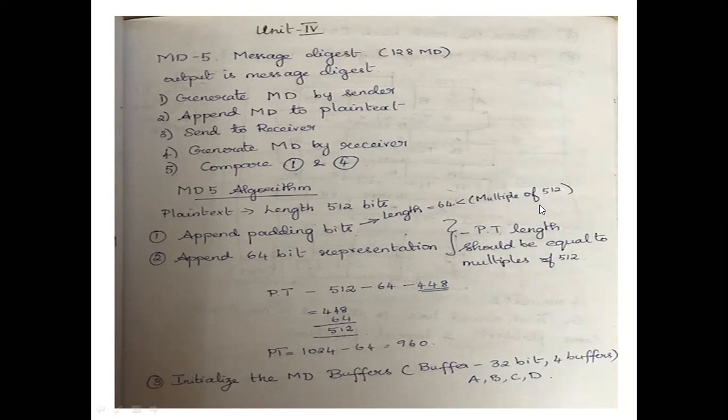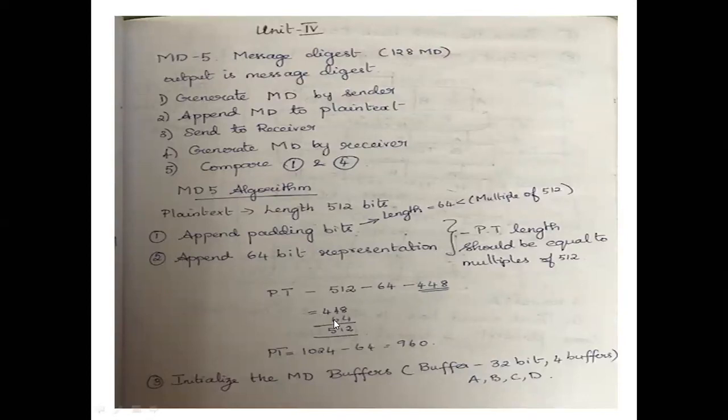Why we are doing that is, you see the second step, we are going to add 64 bits. For example, suppose you have 512 bits, just subtract 64, you get 448. Why am I doing this? Because 448 should be first, and second, again, you're going to add 64 bits.